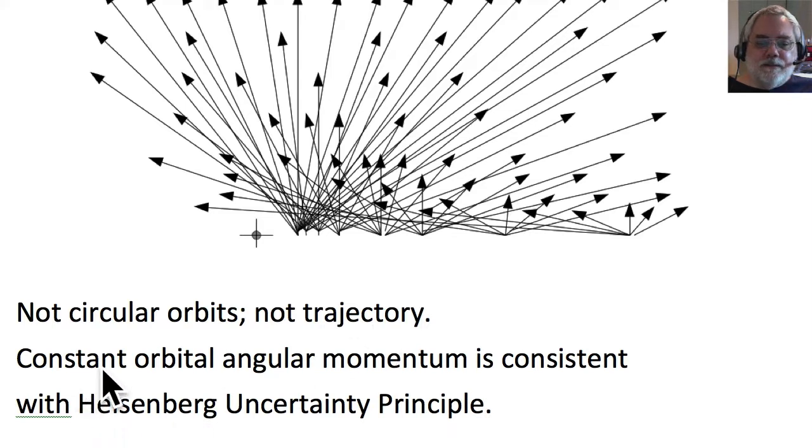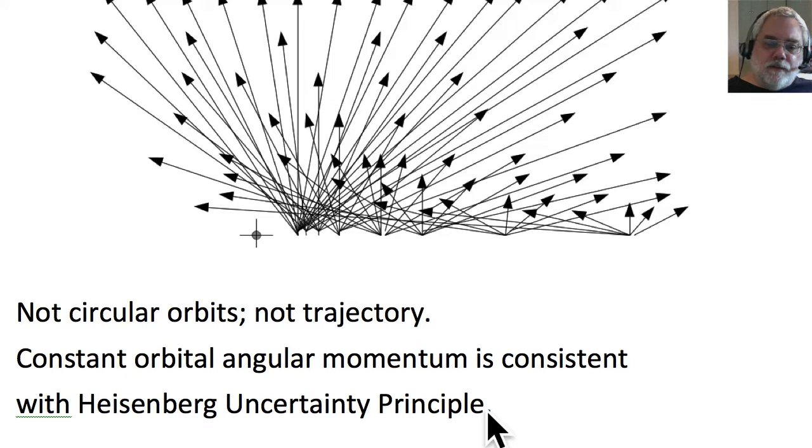Why is saying that orbital angular momentum is quantized, which means it's constant and conserved, how is that consistent with Heisenberg's uncertainty principle, which says if we knew a position very accurately, we could not know the momentum very accurately? Well, Heisenberg's uncertainty principle deals with measuring position and momentum in the same direction.